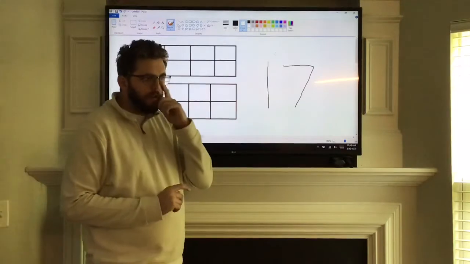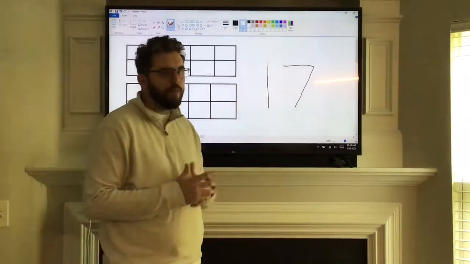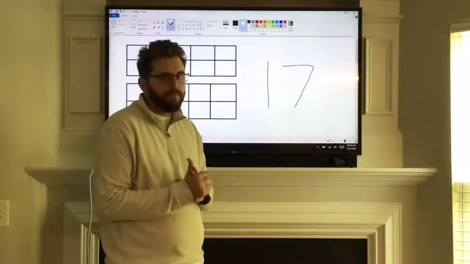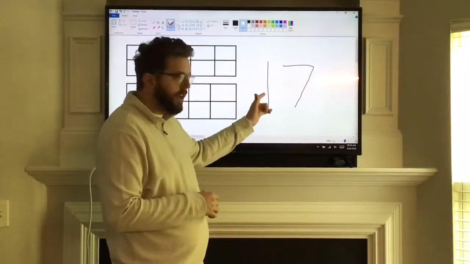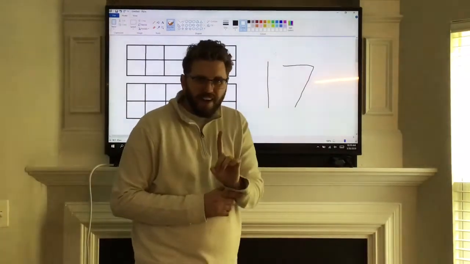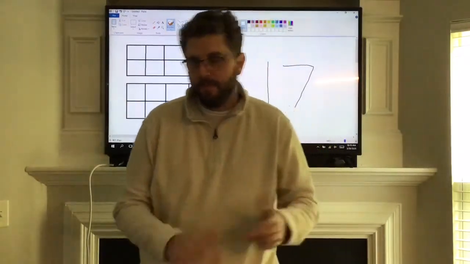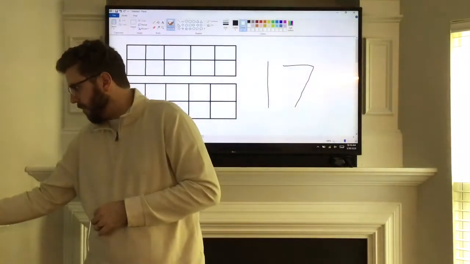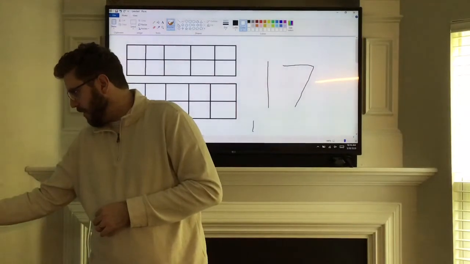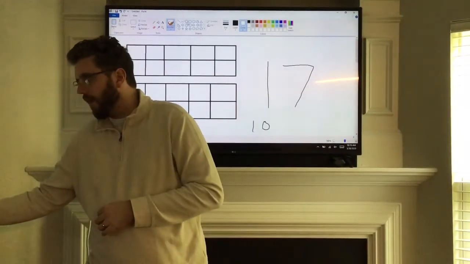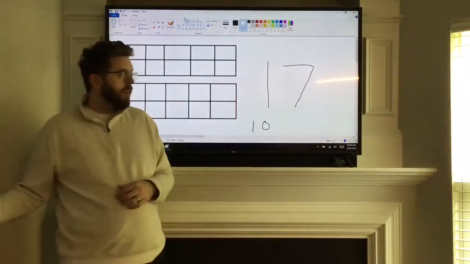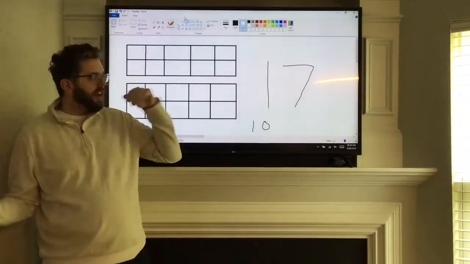So what number do we have in our tens place? That's right, we have a 1. We have 1 10, which means we have how many? 10, very good. So let's start by writing the 10 down here. And then we need to do what? Fill in our 10 frame.